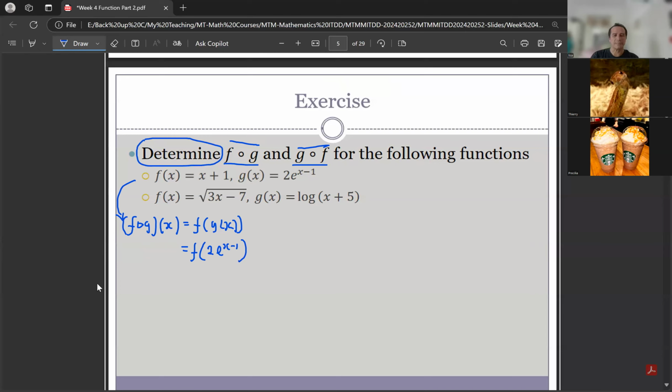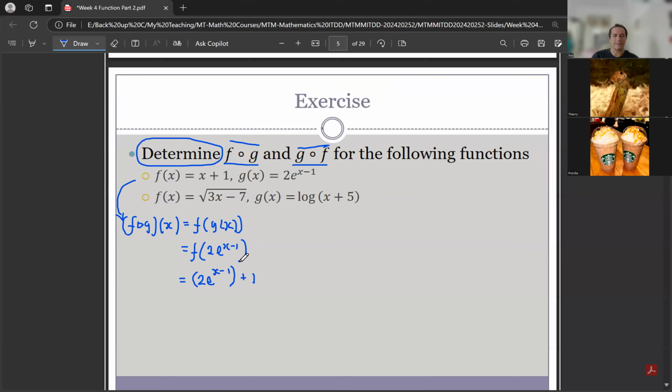Let's apply it to the function f, so x will be replaced by g(x). So this will be 2(x minus 1)^e, plus 1.